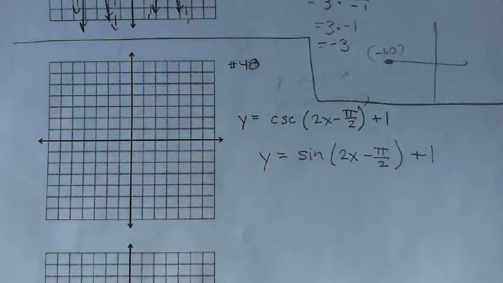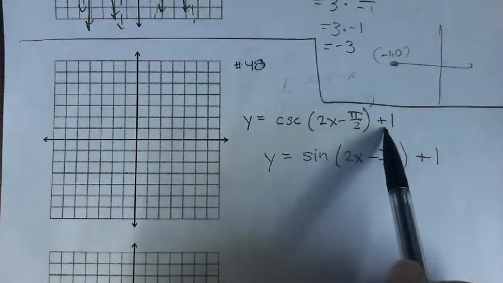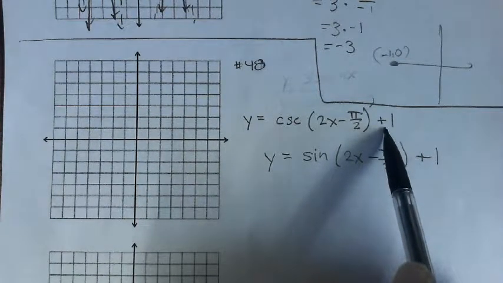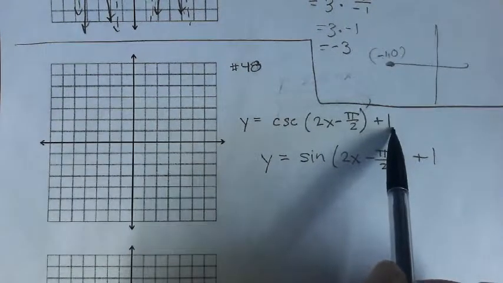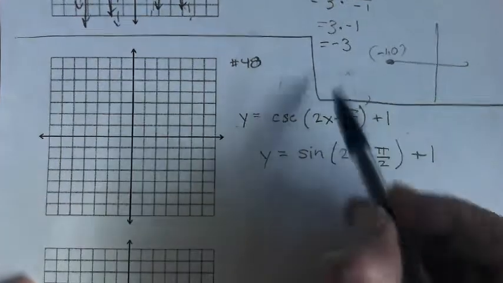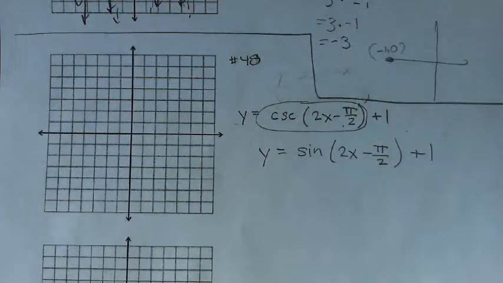So the vertical shift is always the last thing that happens. Can we agree with that? Order of operations, order of transformations. The vertical shift up 1 is always the last thing that's going to happen. So in order to graph this, we're going to graph this first and then shift it all up 1.